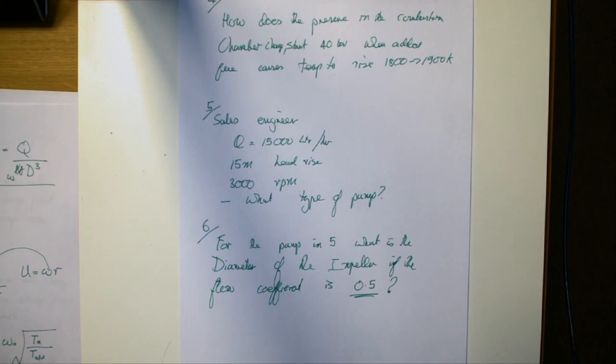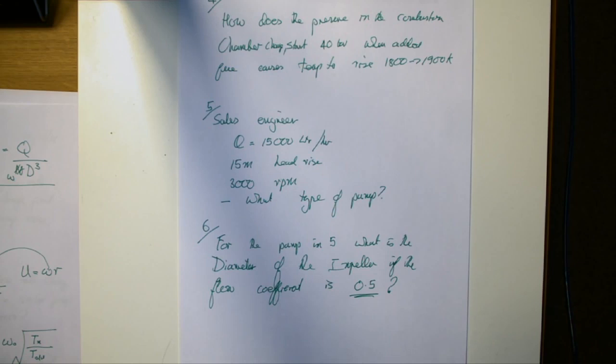That pump has to push water up 15 metres. And it's got to run at 3,000 RPM because I've got a spare squirrel cage induction motor to drive it, which has a synchronous speed of 3,000 RPM.